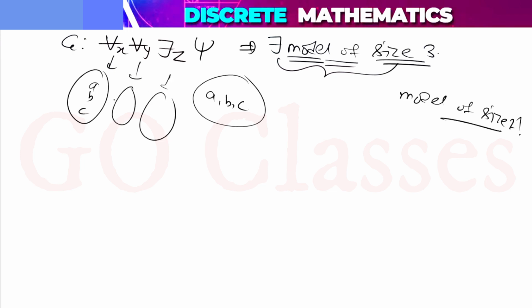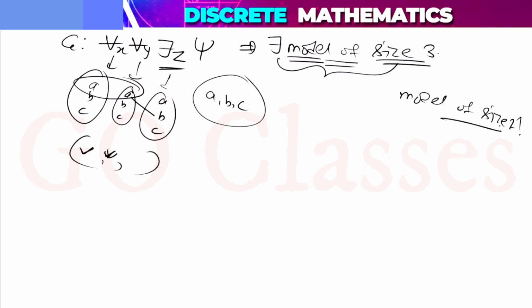It means it's like this: A, B, C, A, B, C, and A, B, C. From here you can take all the possible pairs, any a comma b comma c here and also here. For each of these pairs there exists someone. Maybe for a comma a there exists b. So for every pair there exists someone.